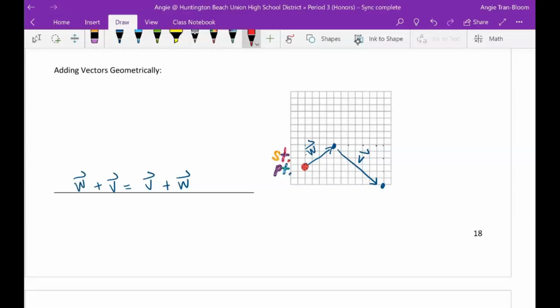So wherever W ends, you continue with V. But when you find the summation of the two vectors, then you start here and you end here. So this red vector is where vector W plus vector V, which is the same thing as vector V plus vector W. This vector is the final answer of the two adding together.